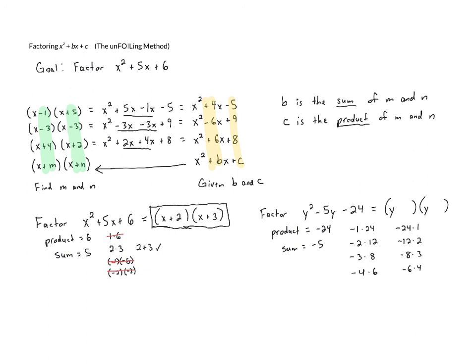And now we need to go through and see which of these give us a sum of negative 5. And if we go through them one at a time, we can get rid of the ones that don't work. And then we do, in fact, see that negative 8 plus 3 does give us negative 5. So the two numbers we're looking for are negative 8 and positive 3. So our factorization is going to end up being y minus 8 times y plus 3.